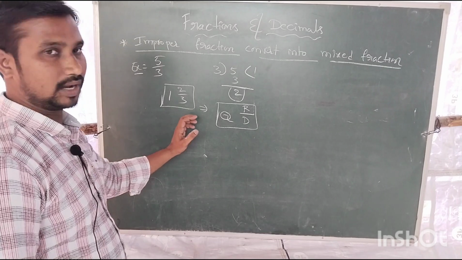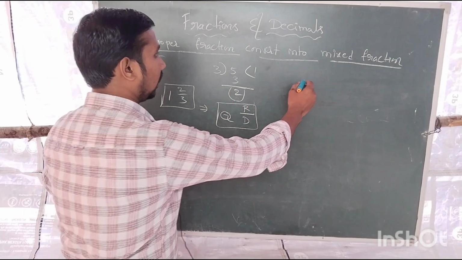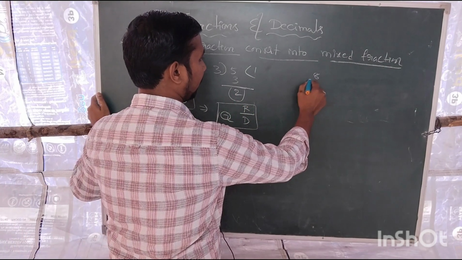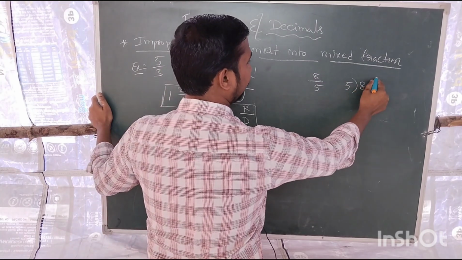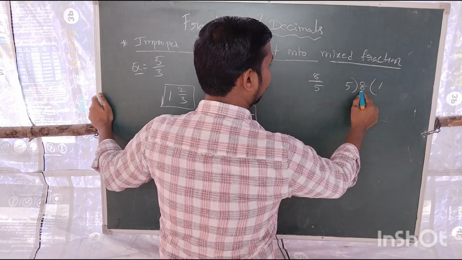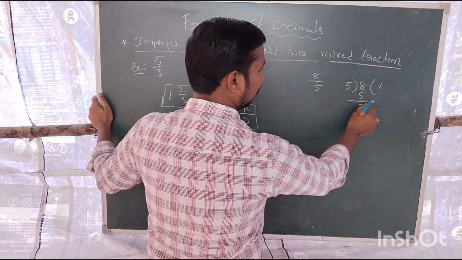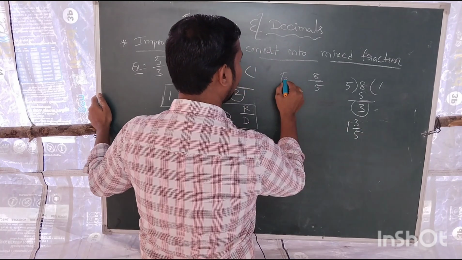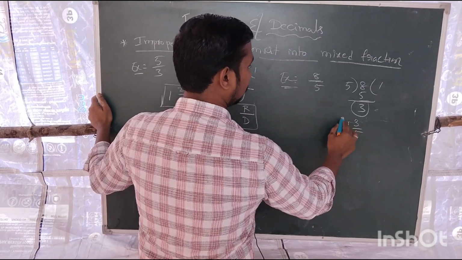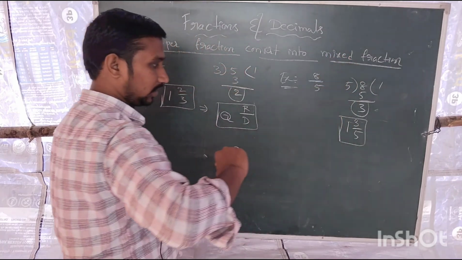Remember this concept. You divide the given number, for example 8 by 5. We divide 8 by 5. 1 5 is 5. Remainder 3. So 1 3 by 5. It is another example for that.